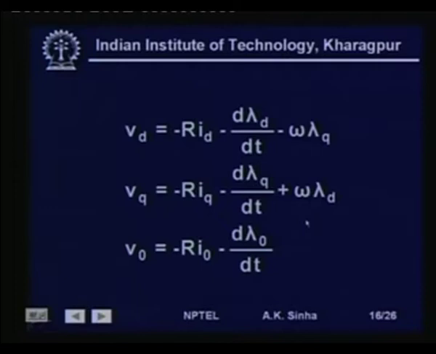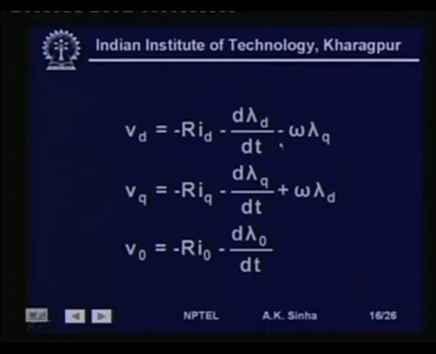Now, from these equations, what we find is, now we have to find out time derivatives of lambda d, lambda q, etc. Since these involve constant inductances, this is much simpler to evaluate. Another feature which is very important in these equations is that we are finding these terms minus omega lambda q and plus omega lambda d in.